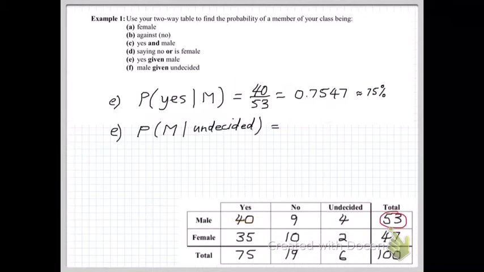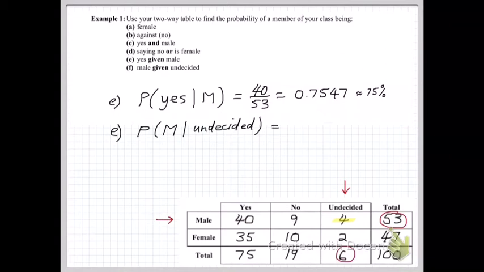Similarly, what's the probability of someone being male given that they voted undecided? Alright, so we're in the undecided column and we're looking at males. There's 4 of them, but the total number of people who were undecided is just 6.